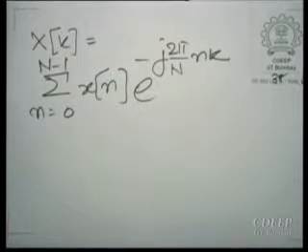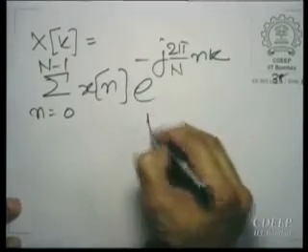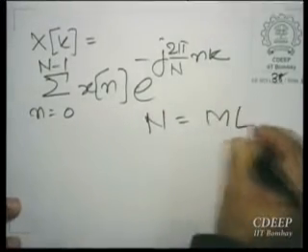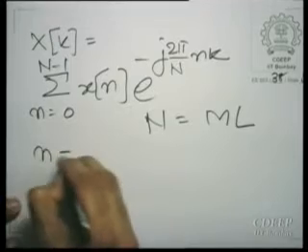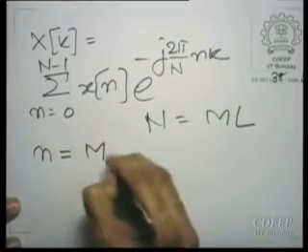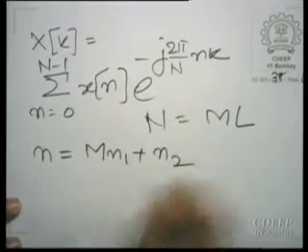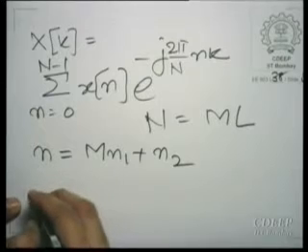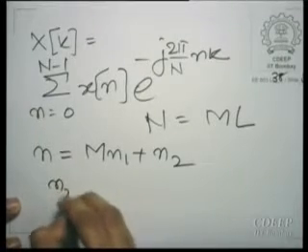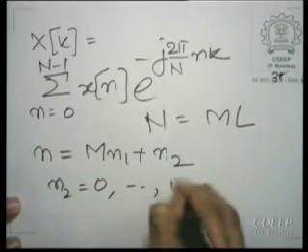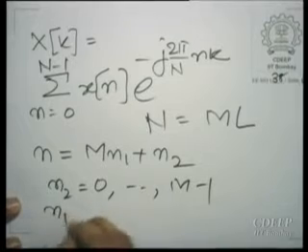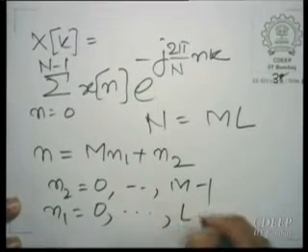And the secret of efficiency here again is to decompose n and k with different factors. So you have chosen N equal to ML and you decompose n as n equals M times n1 plus n2, where n2 must of course go from 0 to M minus 1 and n1 must of course run from 0 to L minus 1.